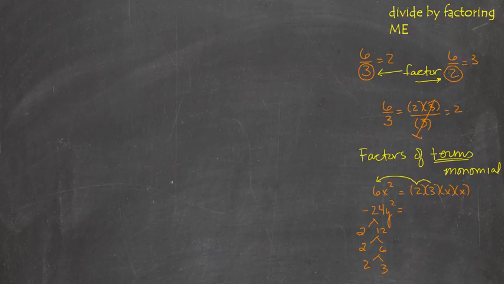And so now I can write 24 as a product of primes. So that would be 2 times 2 times 2 times 3 times negative 1, negative 1 because it's a negative 24. So I would have to take all these primes, multiply them together to get 24, and then multiply it by negative 1 to get the opposite. And then y squared would be y times y.